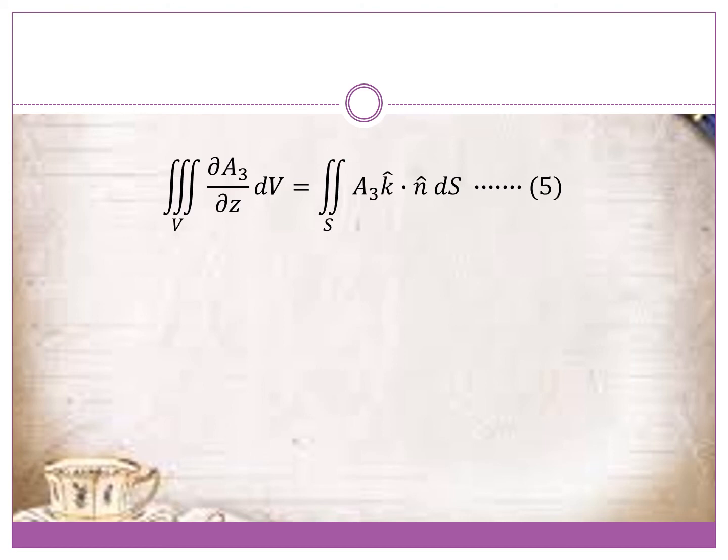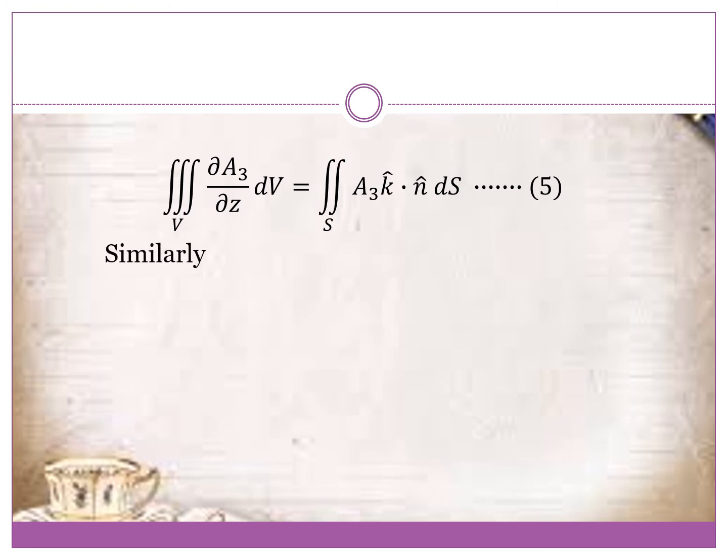This is the surface integral of a3, and this is the volume integral of partial a3 by partial z. Similarly, we can find the volume integral of partial a2 by partial y and the volume integral of partial a1 by partial x, and on adding them we get the left hand side of our statement.